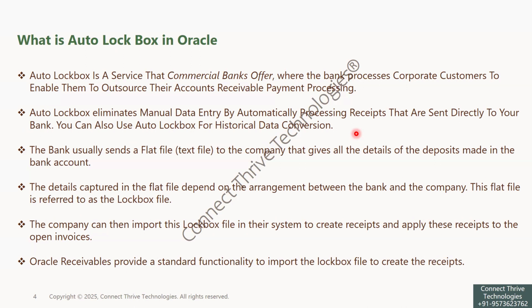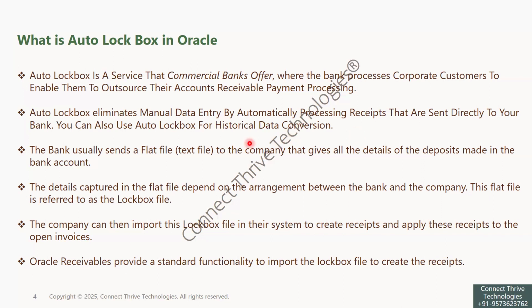So the moment they paid the amount, automatically that particular customer name will be there as a narration, and it will come in the bank statement: who paid that amount, to whom we will collect that amount. So by using that bank statement, they would create the receipts manually. It's a very time-consuming process, and a lot of errors and mistakes will happen. Okay. But now the moment we got the Lockbox facility, we can create the receipts automatically. And if you want to use that process for data conversion for open receipts and all, we can use that.